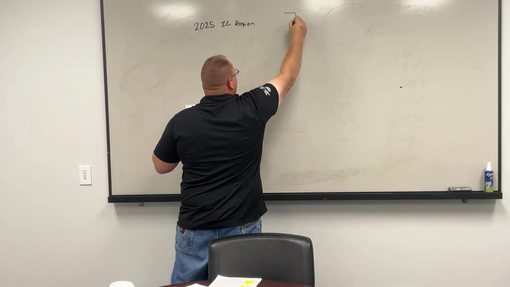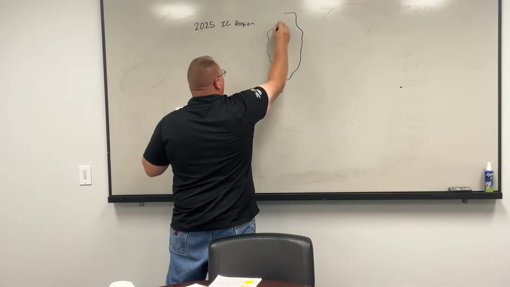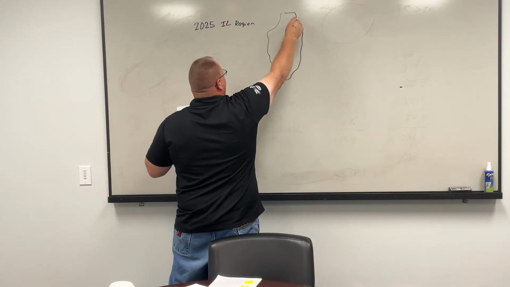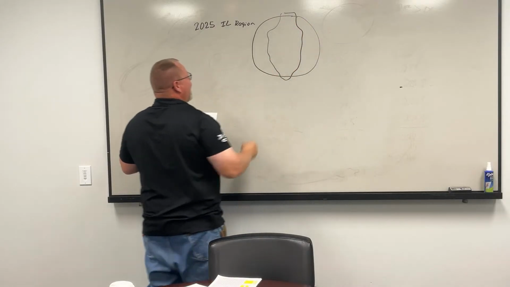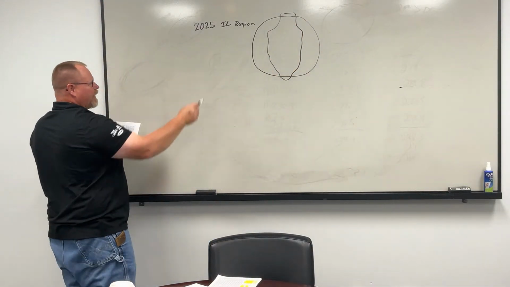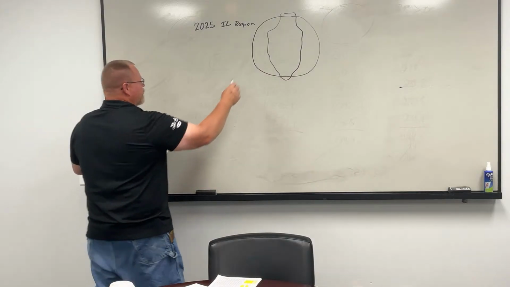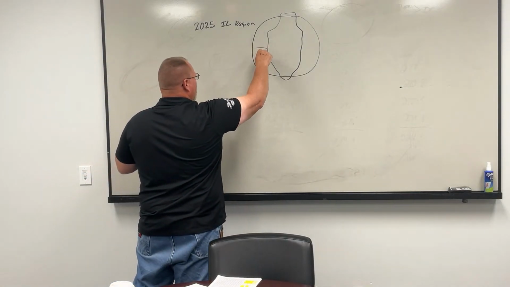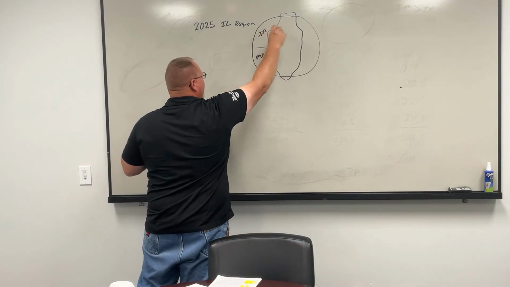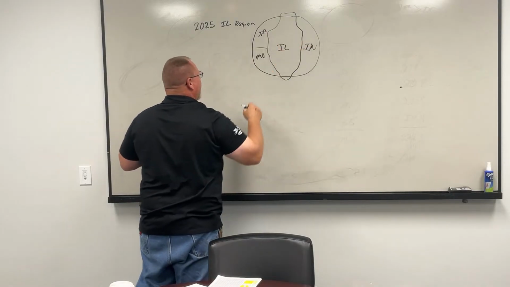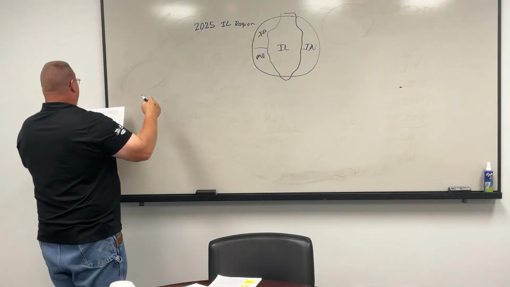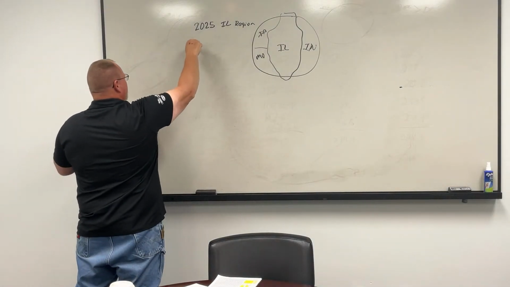So here is the state of Illinois, roughly. A circle about like that is where this data comes from. So there's some Missouri in here, some Iowa in here, and a fair amount of Indiana in here with the Illinois. Okay, so here's a hybrid list.